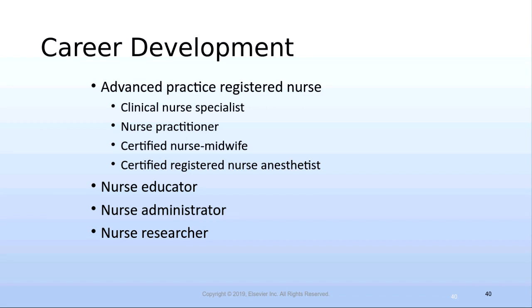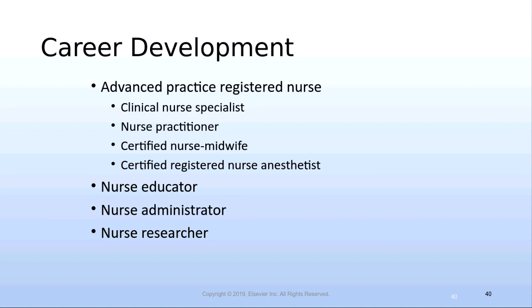They can become a nurse specialist, or a nurse practitioner, or a certified nurse midwife, or a certified RN anesthetist. The clinical nurse specialist is an advanced practice nurse who's an expert clinician in a specialized area of practice. So they specialize, like geriatrics, critical care, pain, rehab, diabetes, that type of thing.